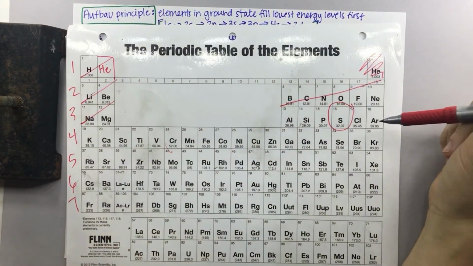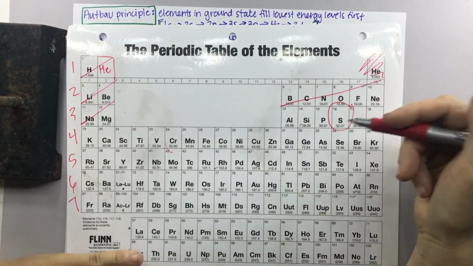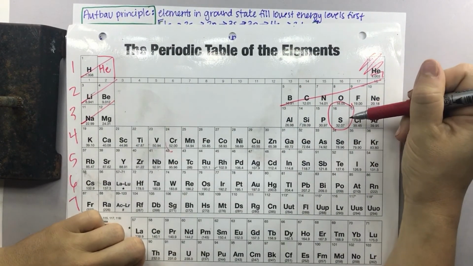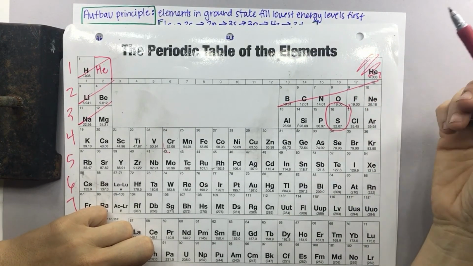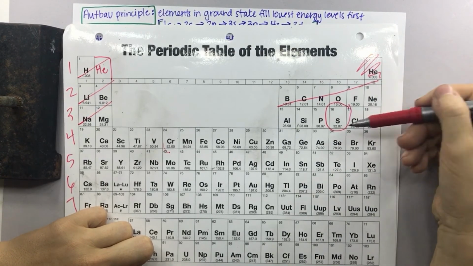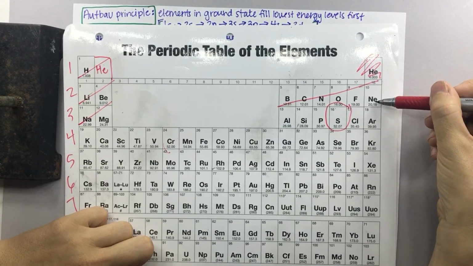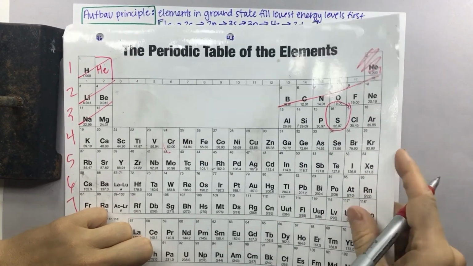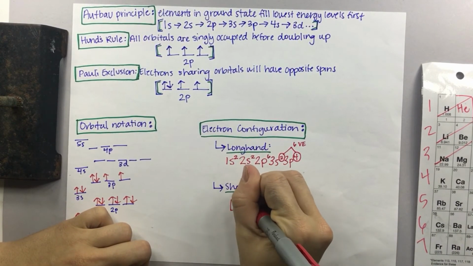We have to figure out the nearest noble gas that we've already passed through on our way to sulfur. It has to be the nearest noble gas that has fewer electrons than the element we're at. Sulfur has 16 electrons, and my nearest noble gas is the one before it. In this particular case, it would be neon. So we're going to put neon in brackets.